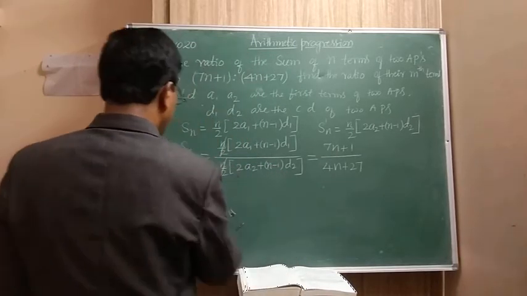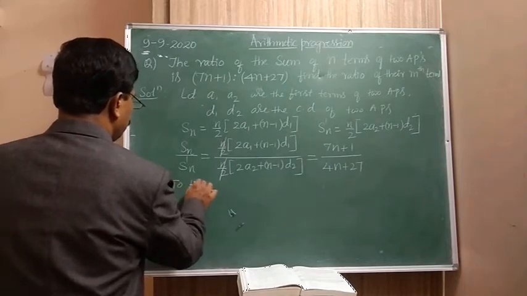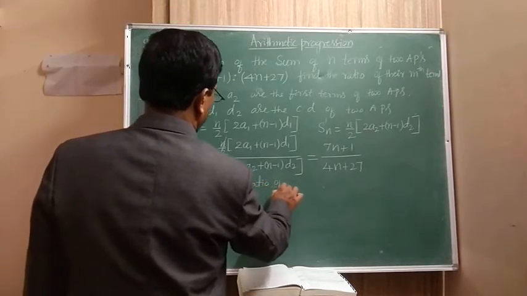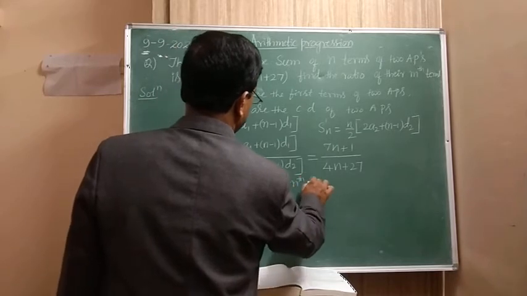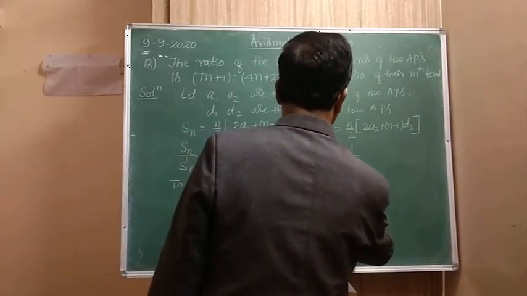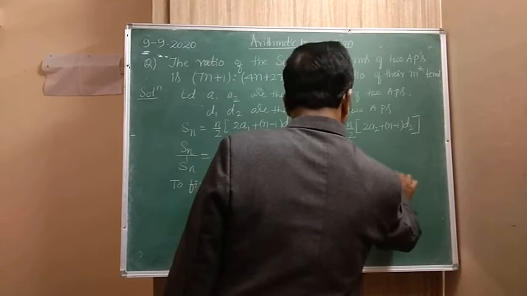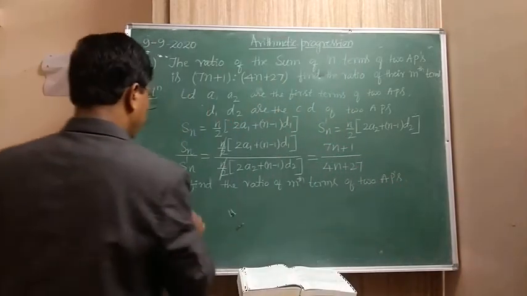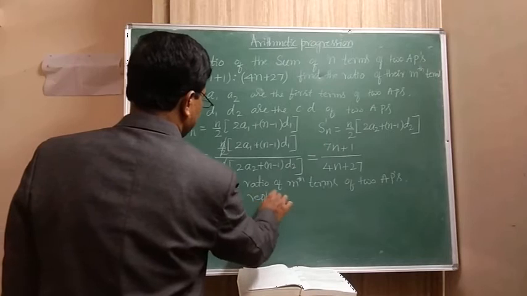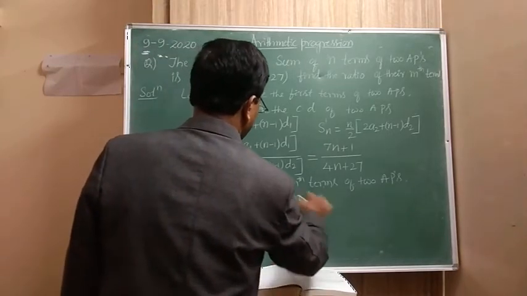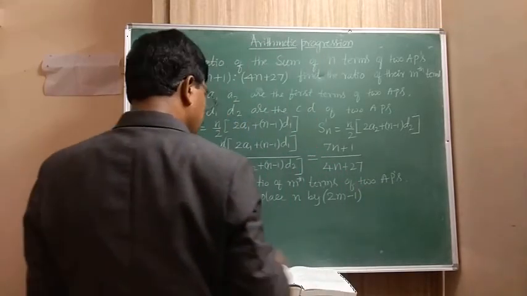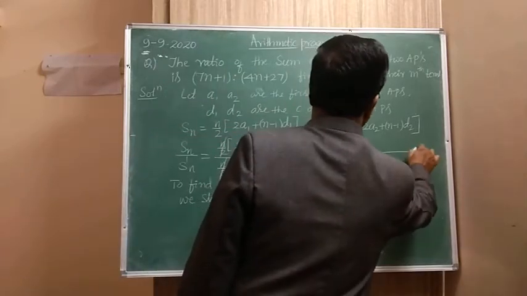To find the ratio of the mth terms of two APs, we should replace n by 2m minus 1 in equation 1.